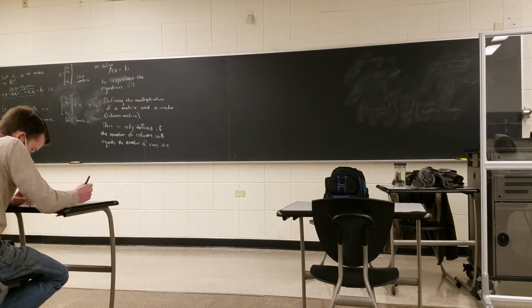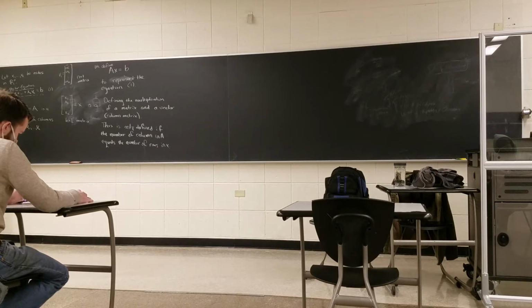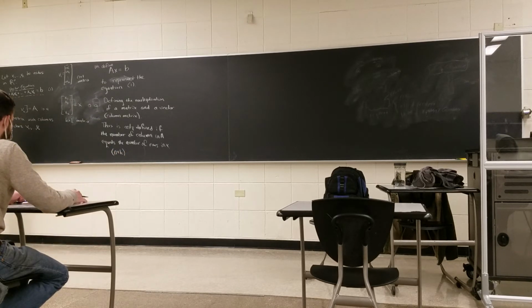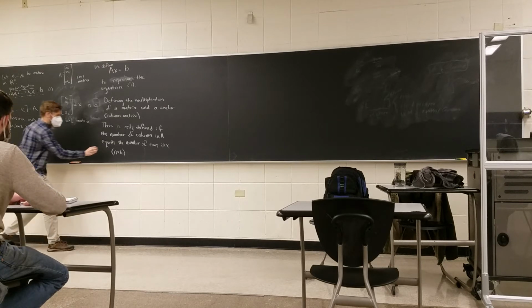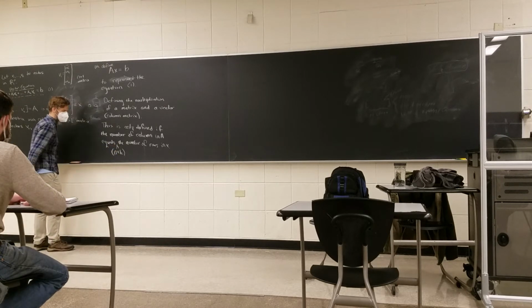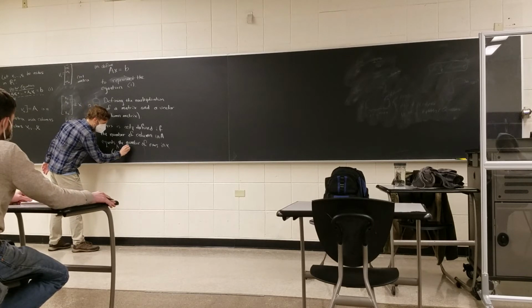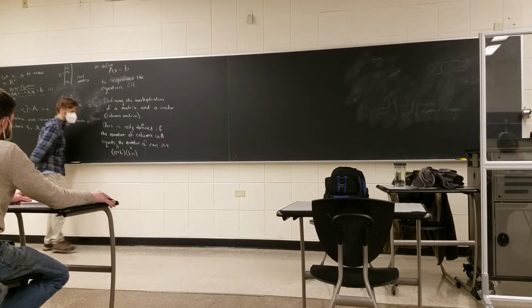And there's a clever, nice way to remember this. This was an n by k matrix. Okay? So that's an n by k matrix A. There is x, which is a k by 1 matrix.